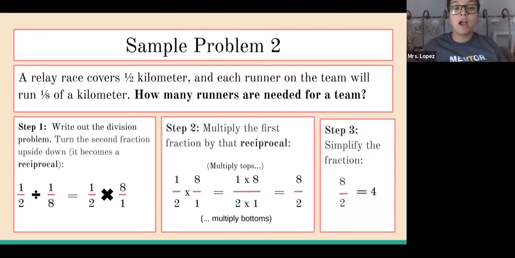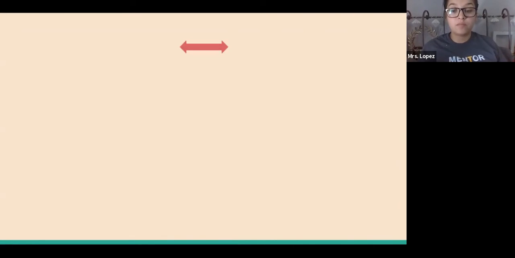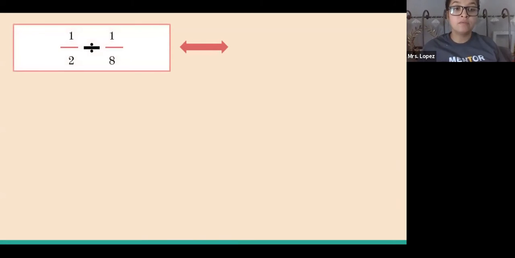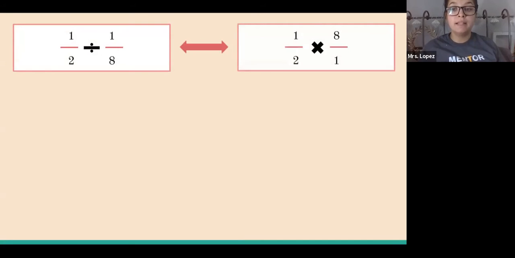So now I'm going to visually represent how this problem should look so you can have a better understanding of why 4 is the answer. So we have 1/2 divided by 1/8. We're going to leave it, change it, flip it.